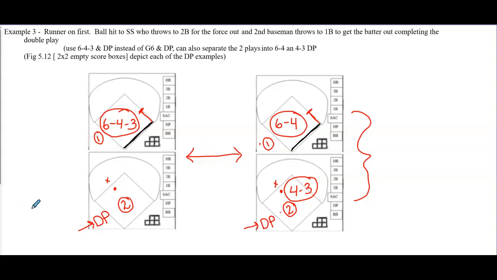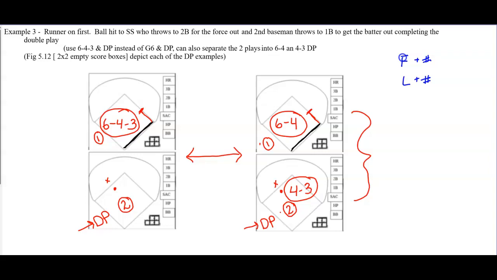Now, as a side note, when using numbers to record the outs in an advanced method, you can still use your F and L plus the number of the player that makes the play to depict those two outs.